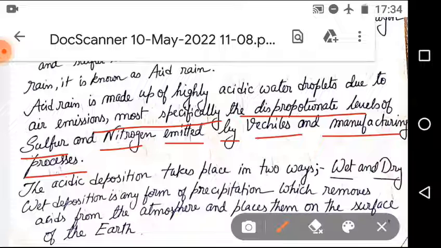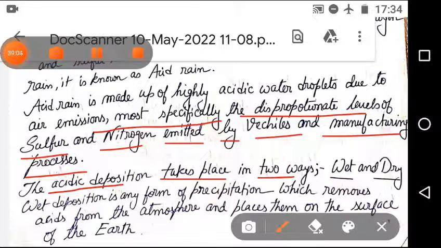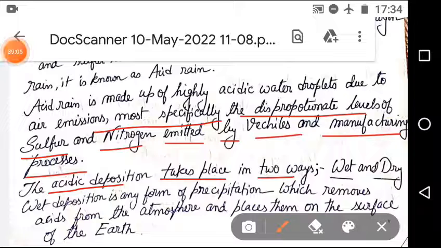Now, looking more deeply at acid rain formation, the acidic deposition takes place in two ways, wet and dry.